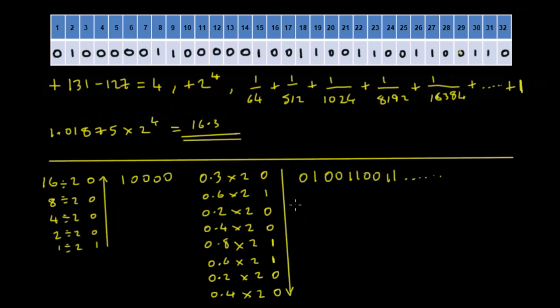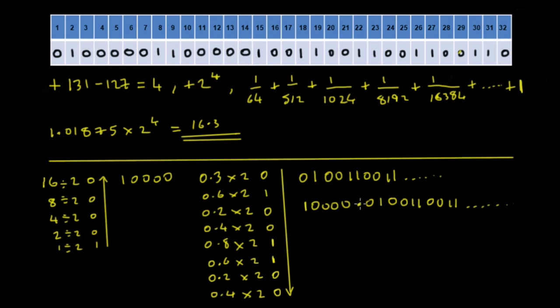So the final value that we're looking for in the fixed point binary number would be 1 with 4 zeros, point, and it would be 0, 1, and then we would have the repeating 0, 0, 1, 1, 0, 0, 1, 1, and so on and so forth.